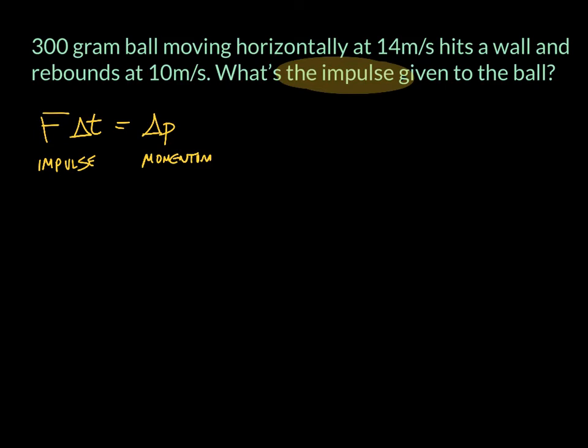All this really is, you just think of F delta T. This is m a delta T, and a delta T is delta V. And of course, momentum is just m delta V. So the impulse momentum theorem is just a rearrangement of the thing we've already done a few times now, the conservation of momentum idea.